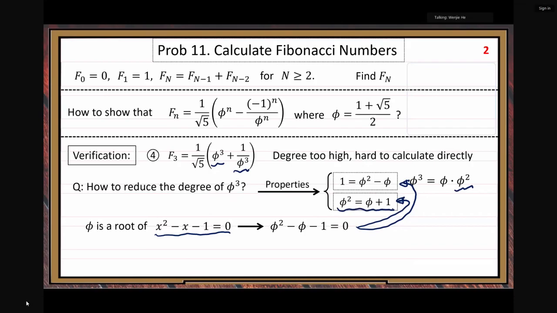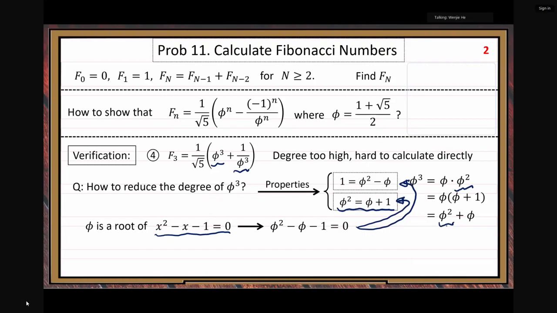Replace phi squared by phi plus 1. You reduce the degree, right? Let's do it. Phi times parenthesis phi plus 1 equals phi squared plus phi. The highest degree is 2. You bring it down from 3 to 2.